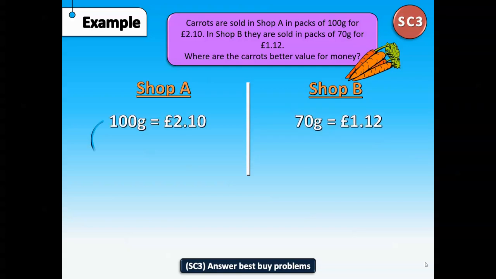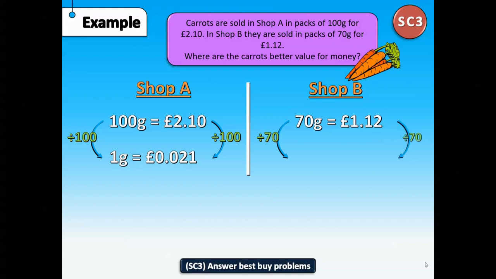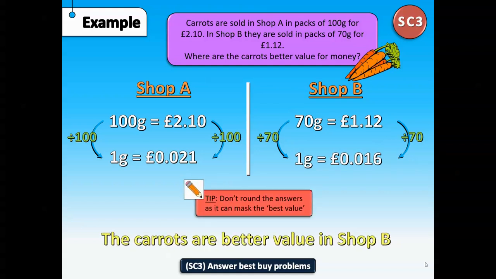So we can find the cost for 1 gram in each shop. For 1 gram in shop A is £0.021, and in shop B, 1 gram is £0.016. So they're cheaper in shop B.